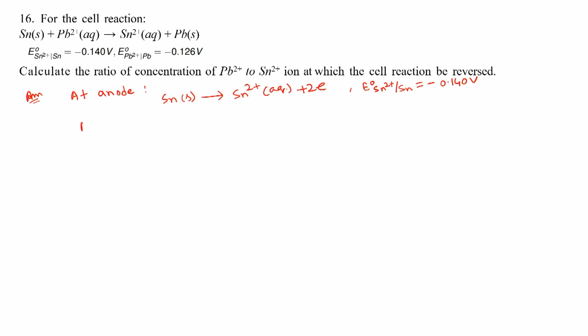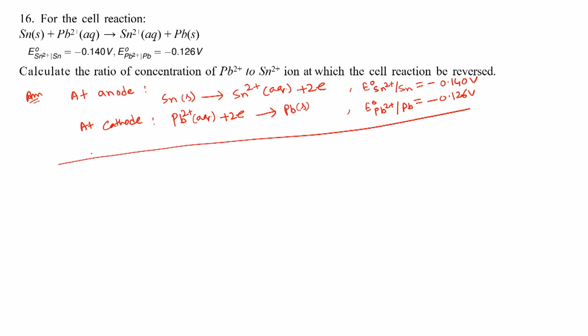And at cathode reduction takes place. So, here Pb2 plus aqueous plus 2e gives Pb solid, and the E naught value of Pb2 plus to Pb is minus 0.126 volt.